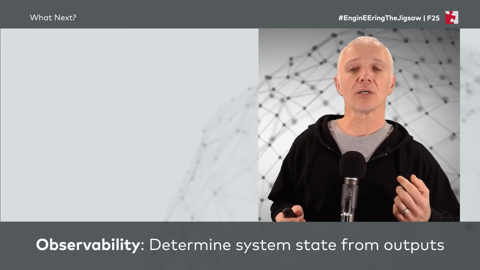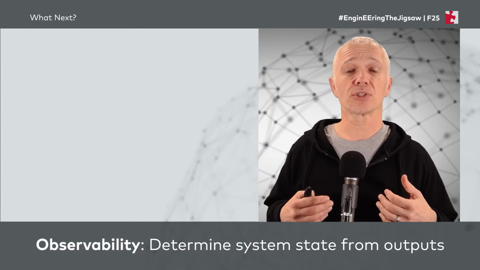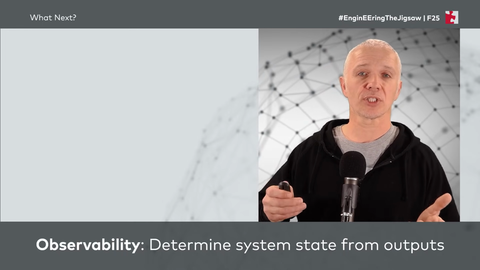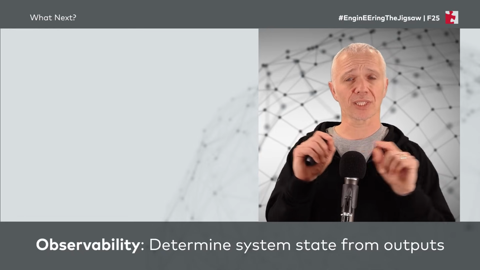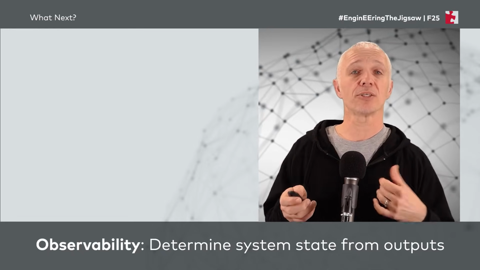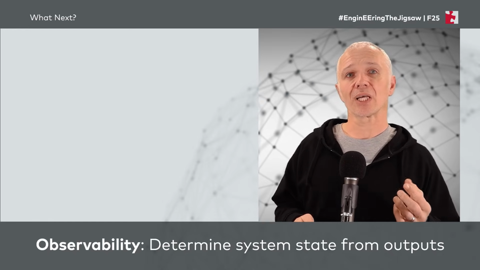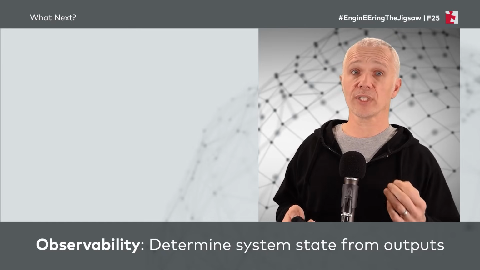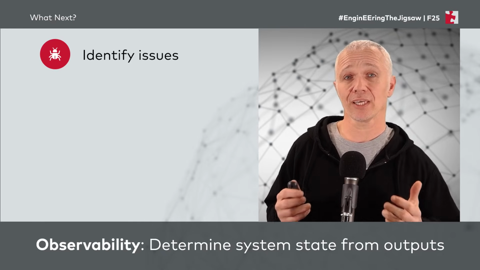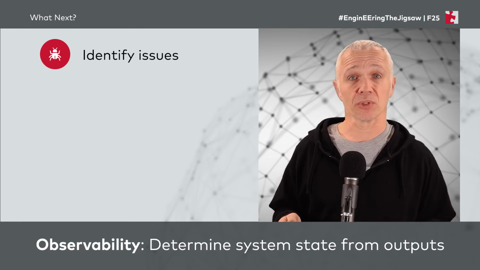Observability is a way of determining the state of our system from outputs from the system. It's really a control engineering terminology where you're able to estimate the internal state of a system based on the performance of the system and the inputs, but we make use of it in software engineering too. So observability allows us to do three main things. Firstly, it allows us to identify issues, so bugs, unintended behavior that we've included that we want to get rid of.